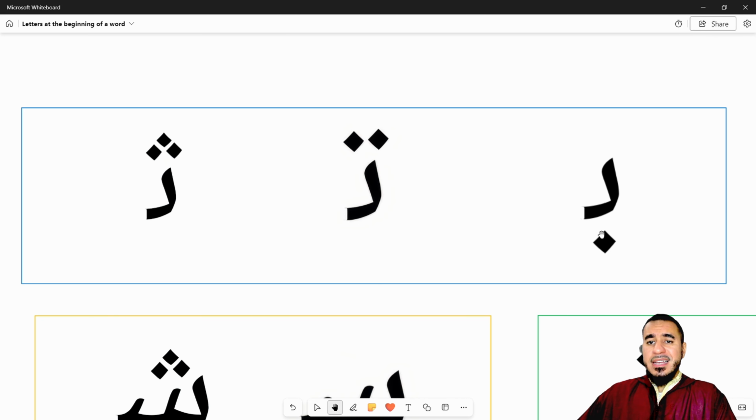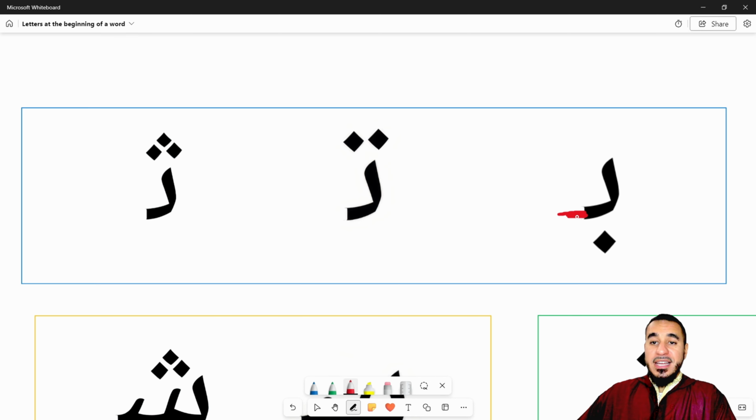The ba has the singular dot below, the ta with the two above, and the tha with the three dots above it. You can see that the original shape has changed slightly, or rather, the part that was here has been removed, so that it can attach physically to the next letter in the word.